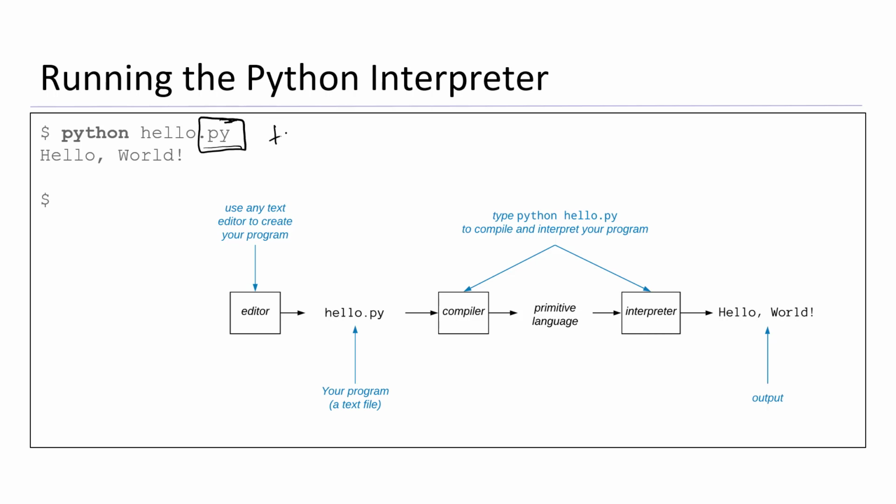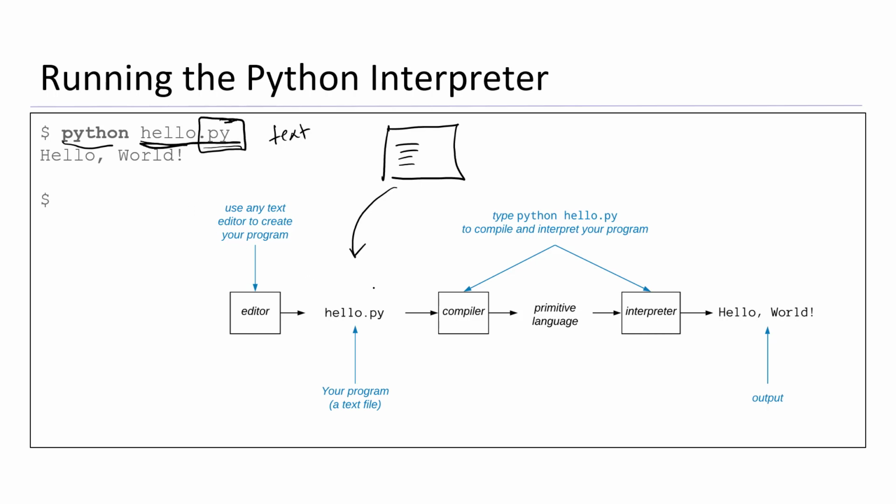Now this is a text file, and we'll talk about text files in the next slide. But what you do is use a text editor and write some code, save all of this as hello.py, and then invoke the Python interpreter. The way to do that is to use the Python command, but this time you supply your text file name.